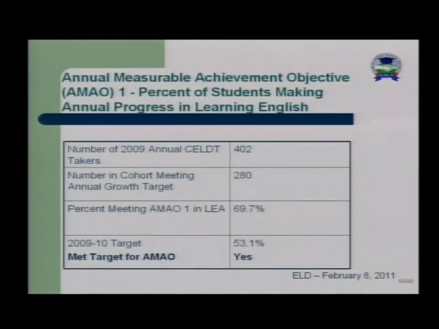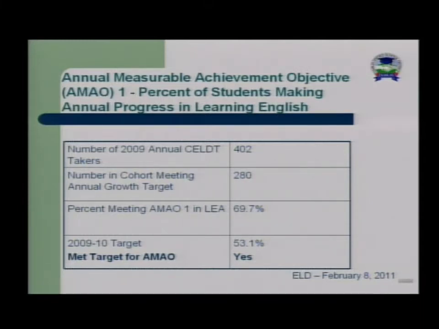Before I turn it over to Rob, I wanted to share a little bit on the accountability side. We talk a lot about API and AYP, and AYP is Adequate Yearly Progress, and our English learners are a subgroup that are part of AYP.